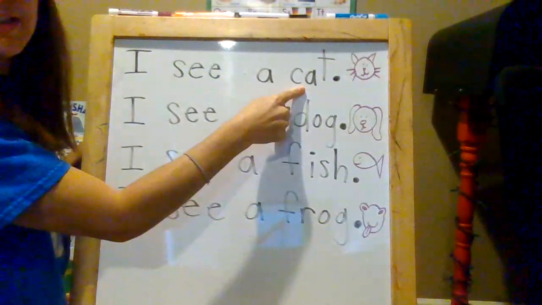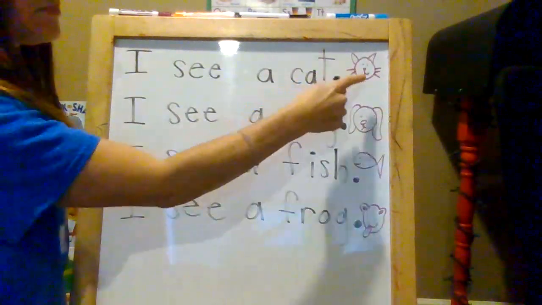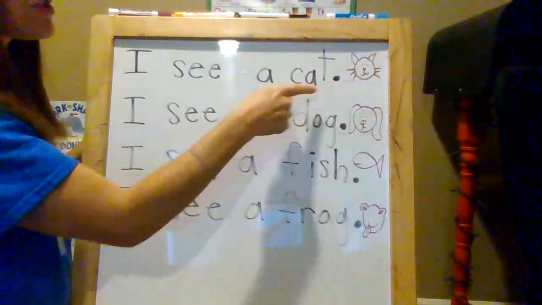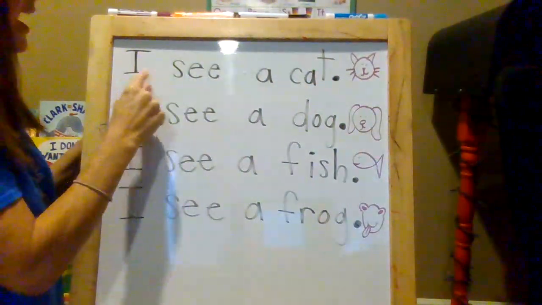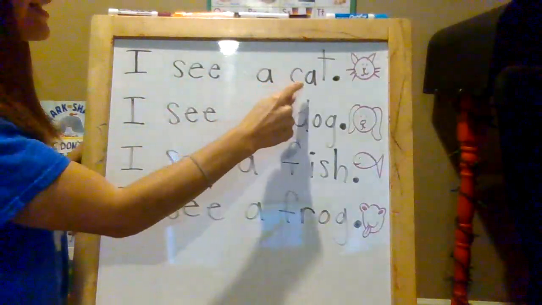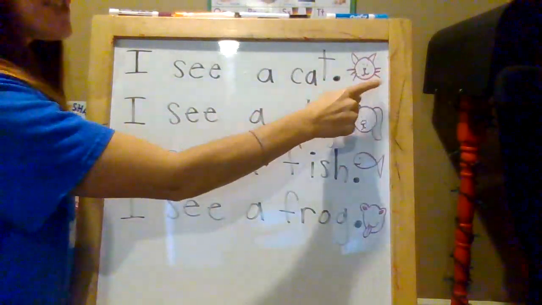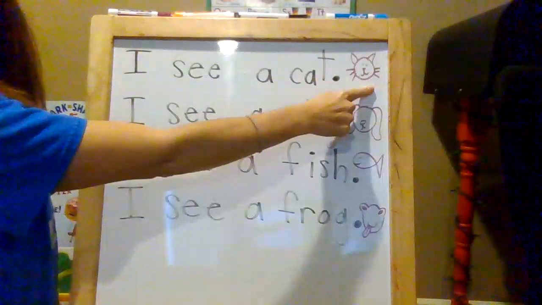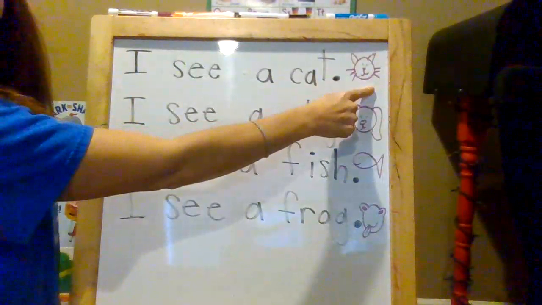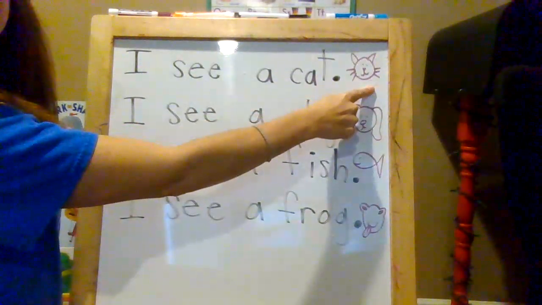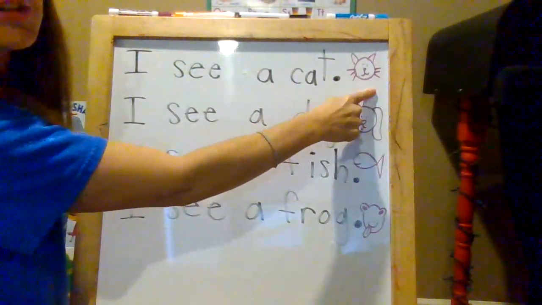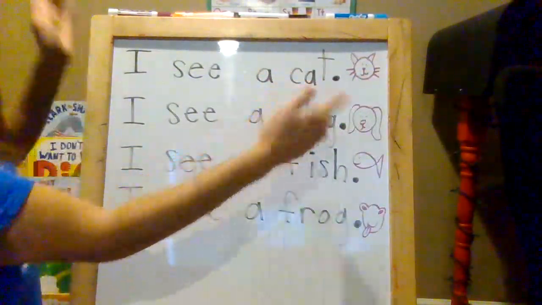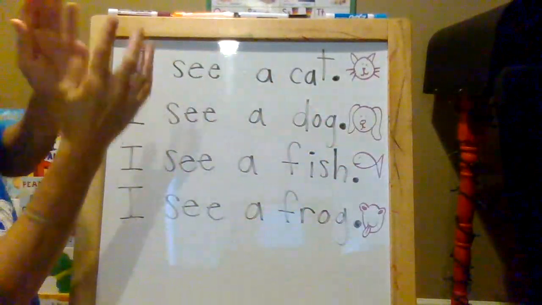The text is a word. The picture matches the word. If my mouth says, I see a cat, it doesn't make sense to see a horse. It doesn't make sense to see an octopus. The picture and the words need to match.